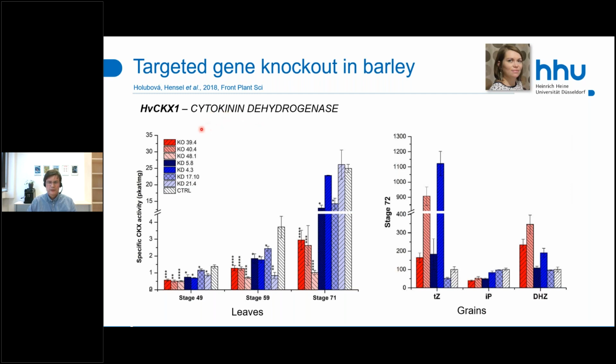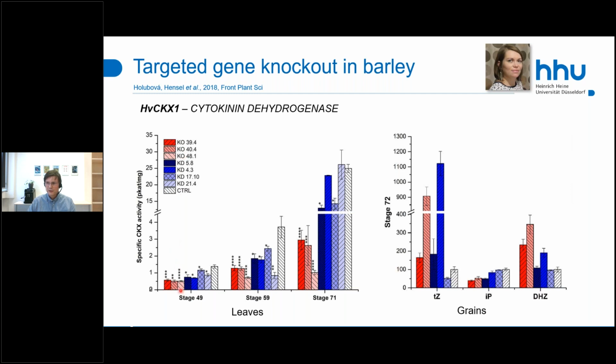And they started 2 attempts. On one hand, they used RNAi technology, which is symbolized here as knockdown. And together with us, we generated knockout plants. And these are highlighted here in the rather red color and called knockout.